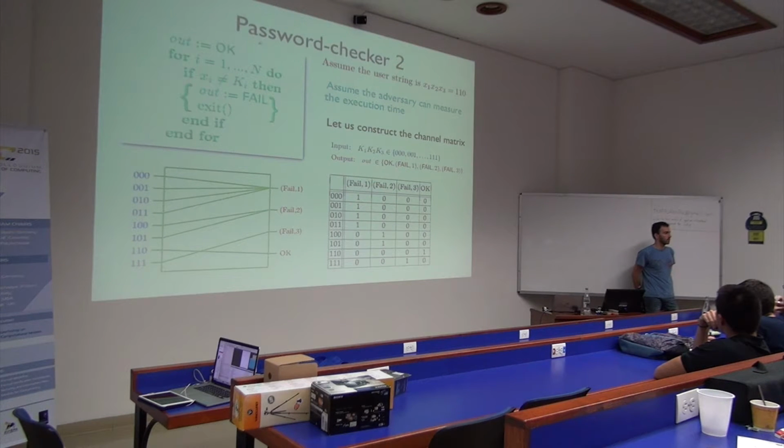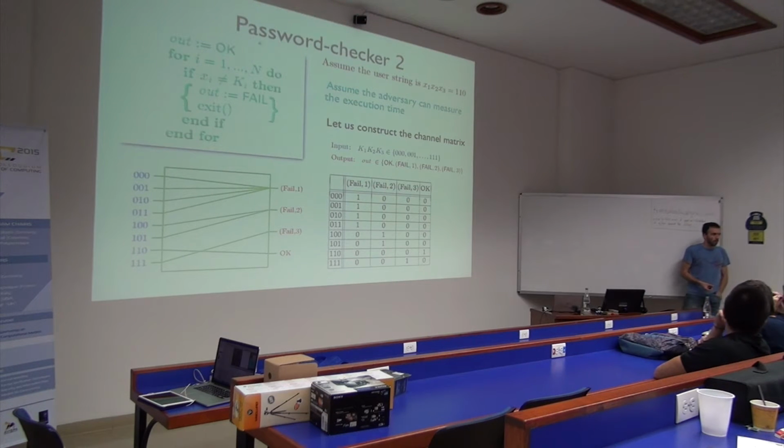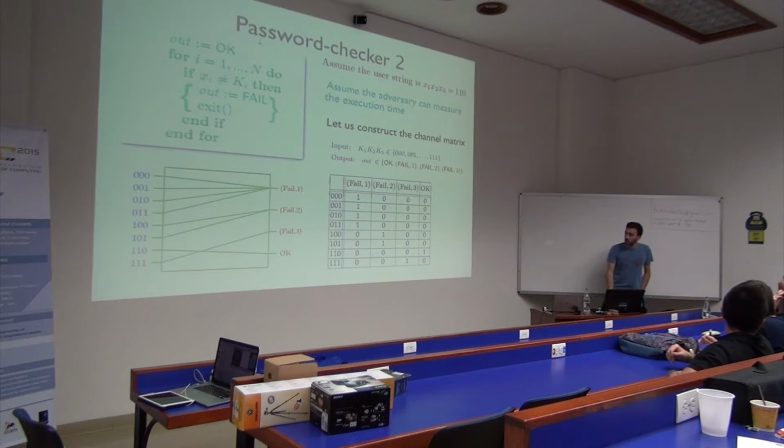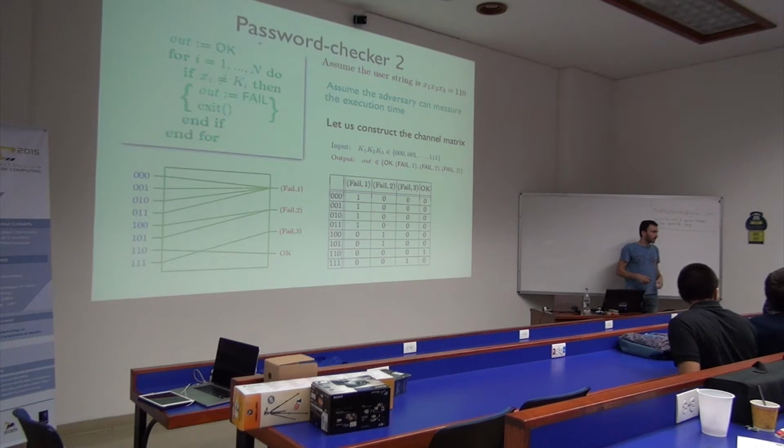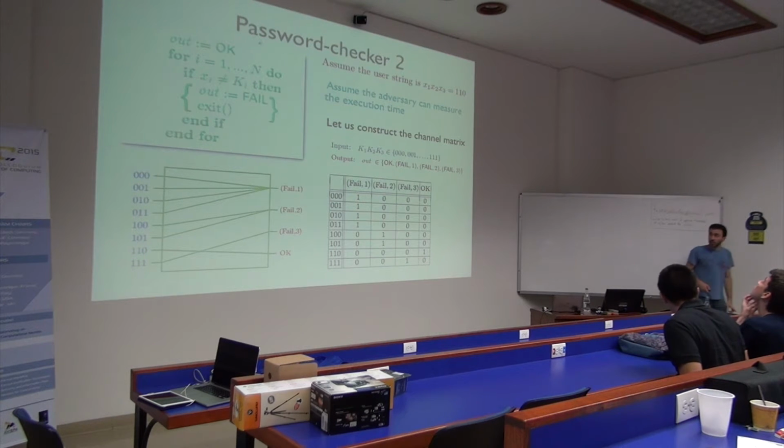Your measure of leakage doesn't care that there is a straight correlation between this part of the numbers. Exactly, so this is a very good observation. Can we still have a probabilistic algorithm to crack the password? Yes, that's not necessarily so.